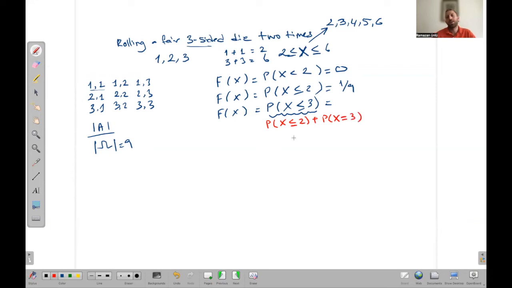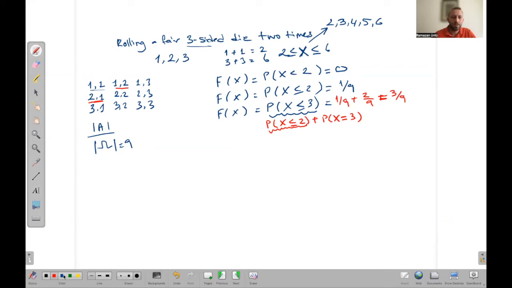I have already calculated the first part, which is 1 over 9. Plus, what is the probability of x equal to 3? I think this one and this one satisfy this equality, right? So I have 2 subsets, and that's why it's 2 over 9. The total is 3 over 9.